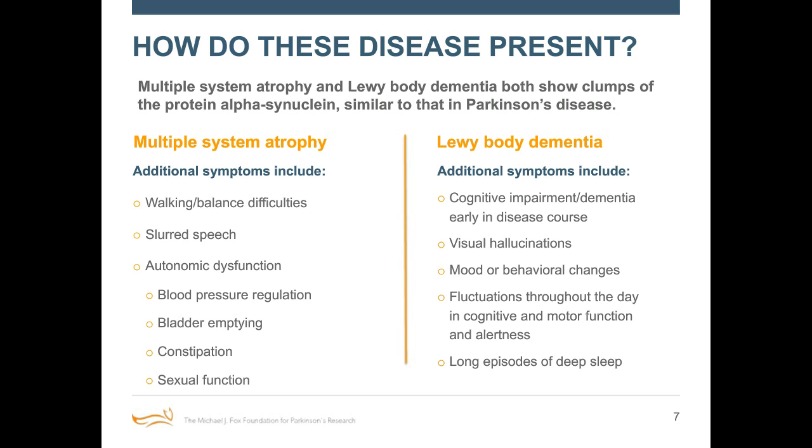In Lewy body dementia, the visual hallucinations happen on their own without medication, and then they can be aggravated by the medication. These hallucinations can be pretty frightening in Lewy body dementia, while in Parkinson's disease, they tend not to be frightening. They tend to be friendly, gentle animals or relatives who you love.